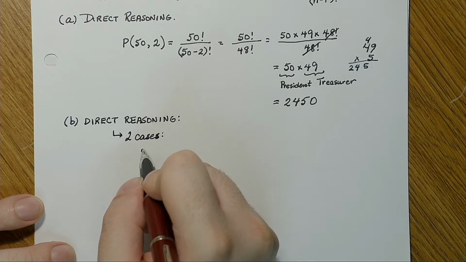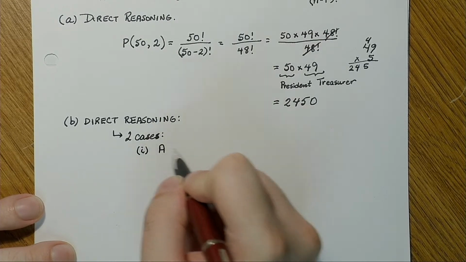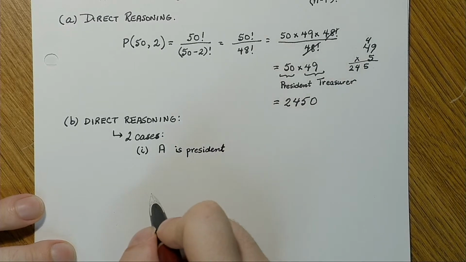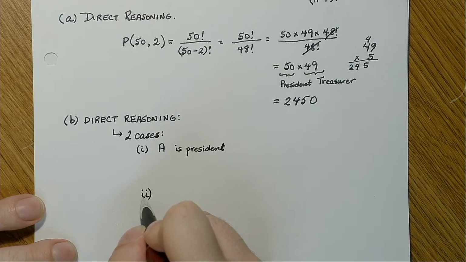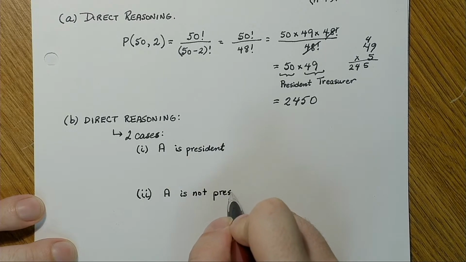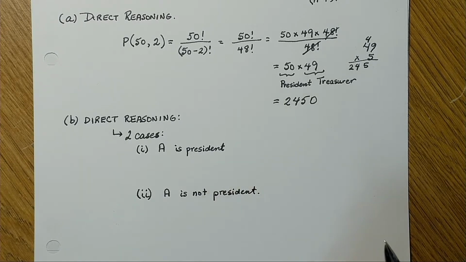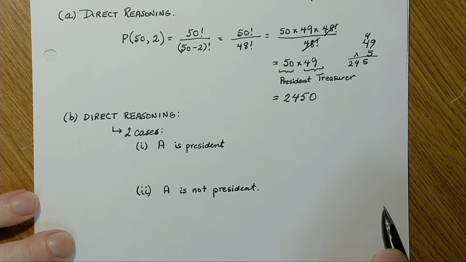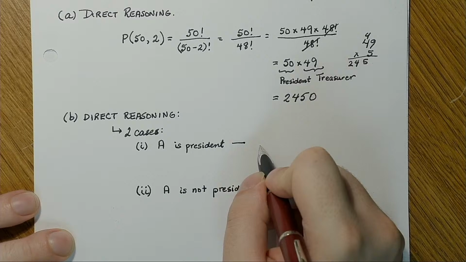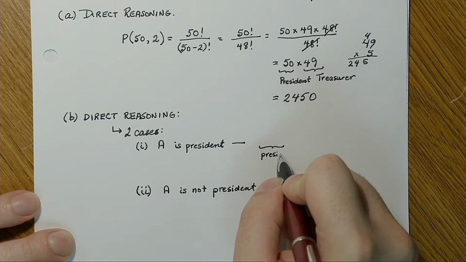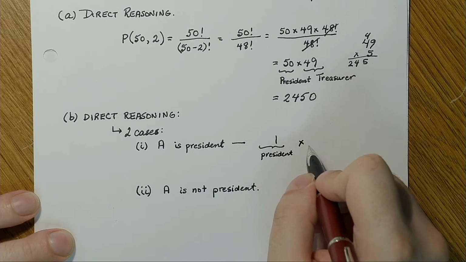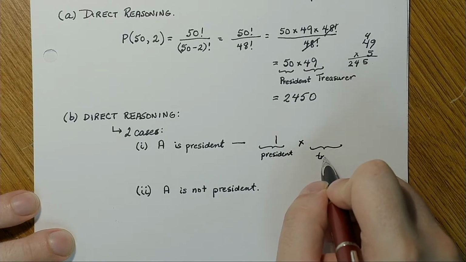We have the case where A is president, and the other case where A is not president. So for the first choice, for the president, for A to be selected, there's only one. That's the multiplication principle, and then we'll have the treasurer.